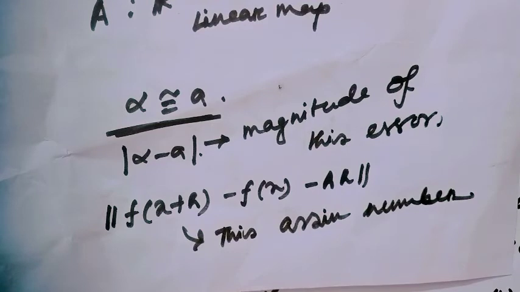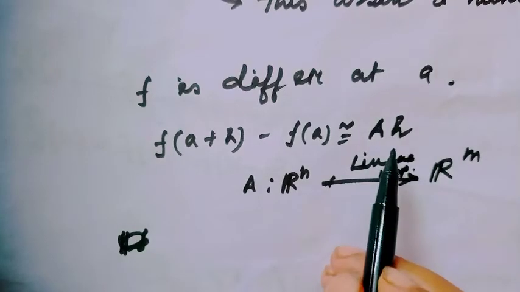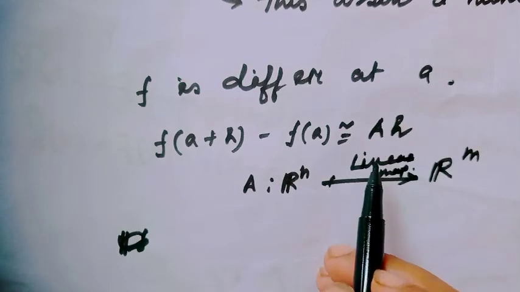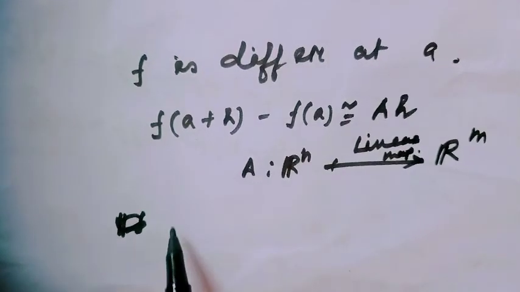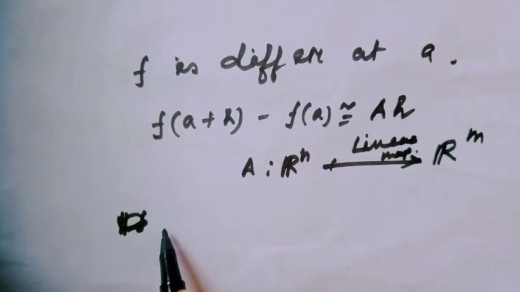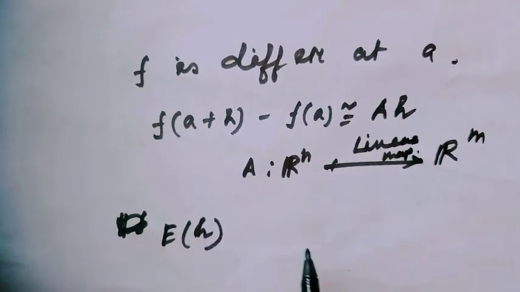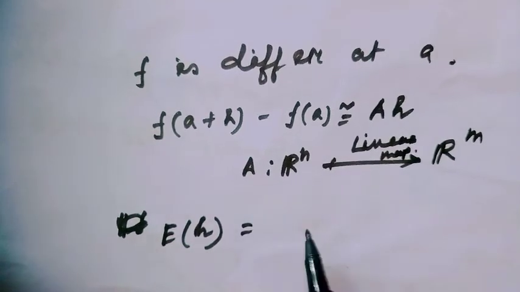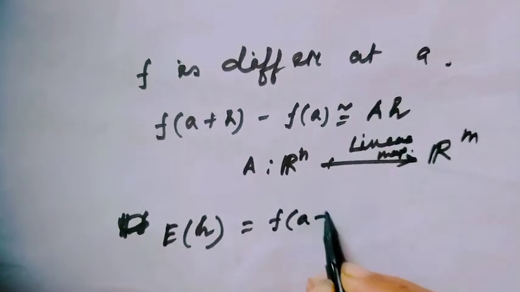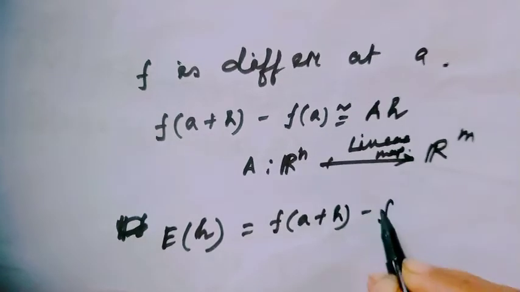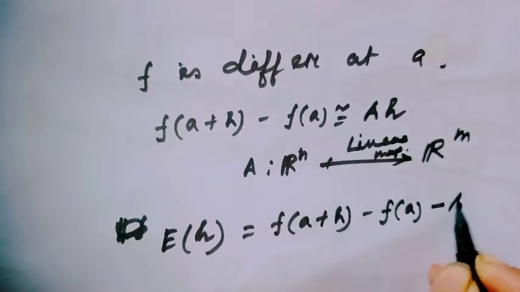And this is the basic idea of differentiation. For this approximation there always exists an error, and this error, which depends on h, is denoted as e of h. This is equal to f of a plus h minus f of a minus Ah.